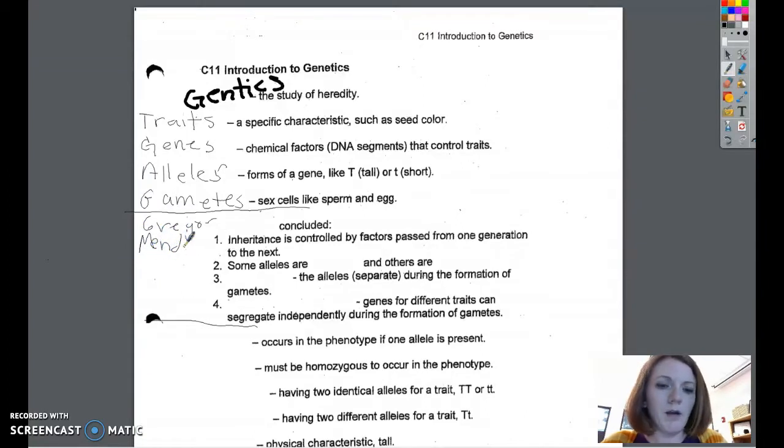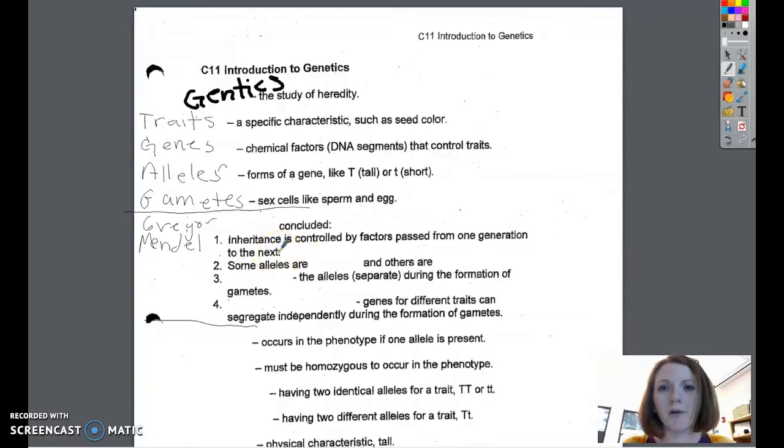Throughout his studies, which took quite a while, even though pea plants are really easy to manipulate because we can pollinate and cross-pollinate them pretty easily, one of the things he concluded is that inheritance is controlled by factors passed on from one generation to the next.